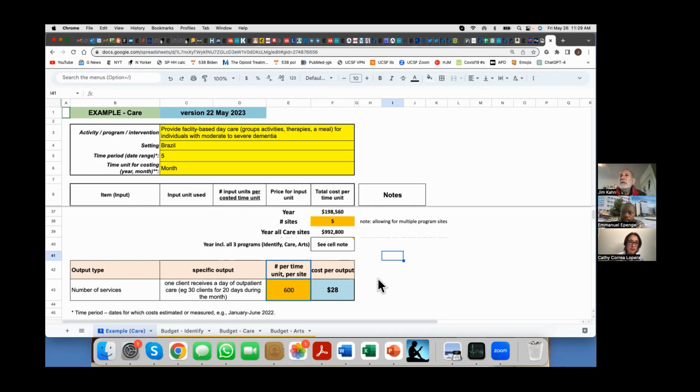Like 1 client receives a day, but if we have, I don't know, 15 clients and 10 days. And you change this number to 150, and this 600 is going to change automatically. So if I put 150 in, instead of 600, then that changes. Oh, perfect. Yeah. Okay, thank you.